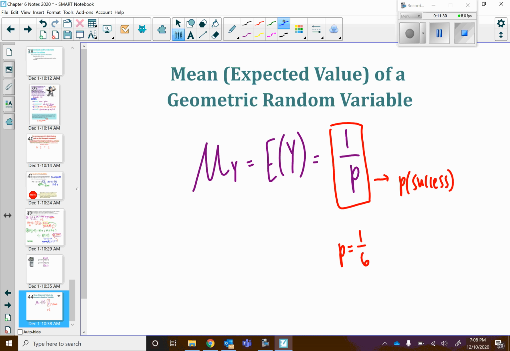It really only approaches 1/6 if I do this many, many, many times. But if it's acting perfectly, we would expect to roll doubles. If it happens in 1 out of 6 rolls, we would expect it to happen 1 over 1/6. We would expect it to happen in about 6 rolls. If there's a 1 in 6 chance of it happening, I'd expect it to happen in those 6 rolls.